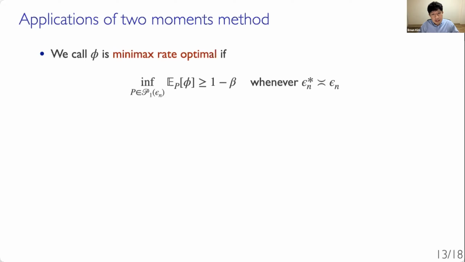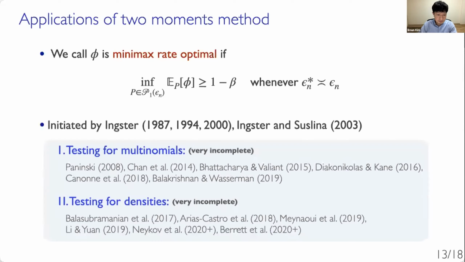Here, we call a test minimax rate optimal if the minimum power of a given test over the class of alternatives determined by epsilon n is greater than 1 minus beta, where beta is some small constant, whenever epsilon is the same as epsilon star up to some constant factor. This type of minimax analysis for testing was initiated by Ingster and his collaborators.